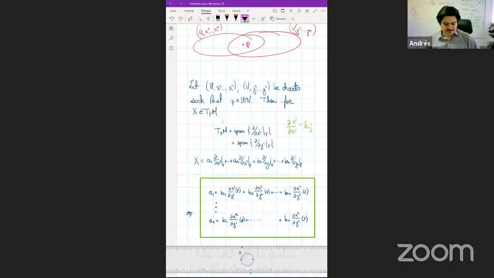Now, for instance, if this vector moves in that same plane, that means that the a's are going to vary, right? So the point P is fixed, but I let the vector x move. That means that the functions ai change and also the functions bi change.